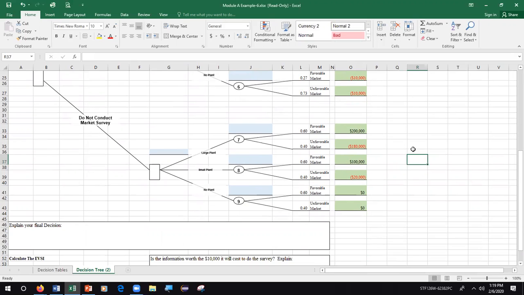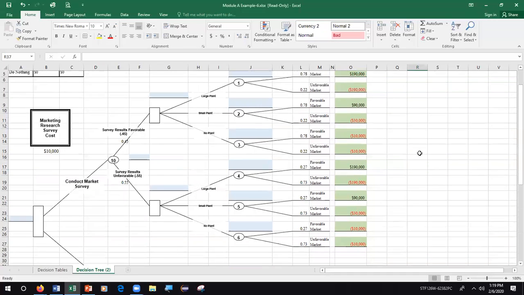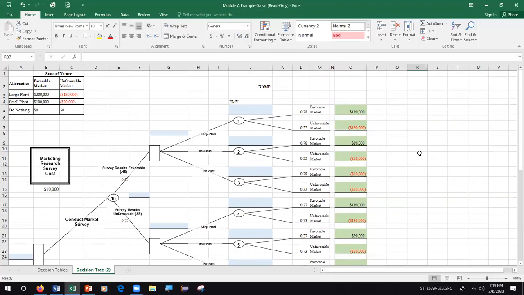Sorry. Okay. So now working back, when we go back up to the top of our model, what are we trying to find? Well, the first thing we're going to look at is our EMV. We know our EMV is each condition times its probability. This EMV is for option 1, and you can see option 1 has both the favorable and the unfavorable.